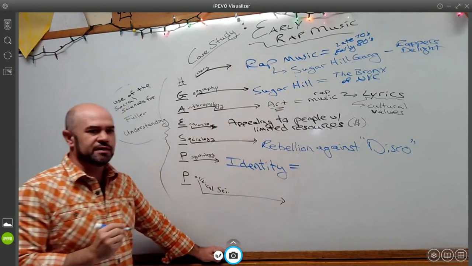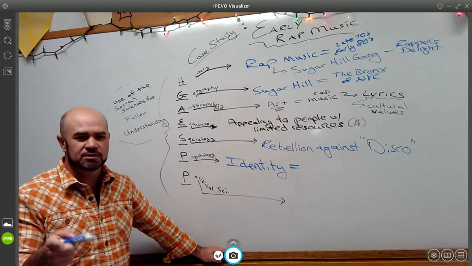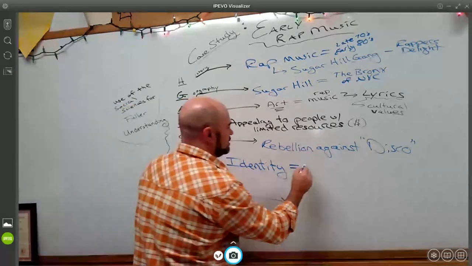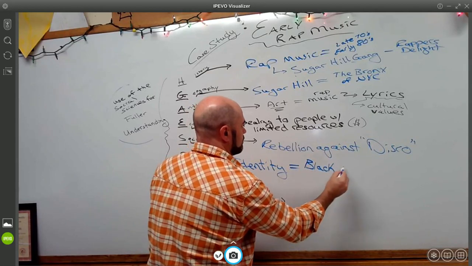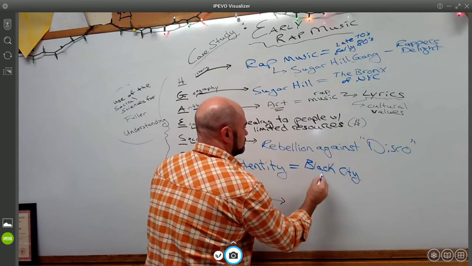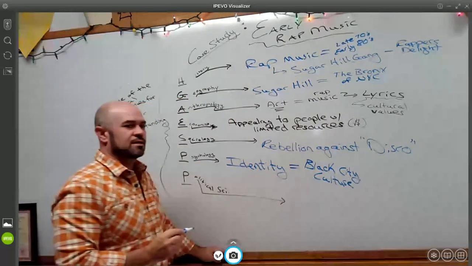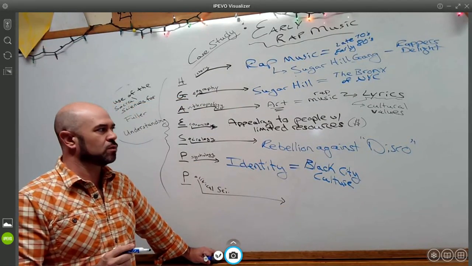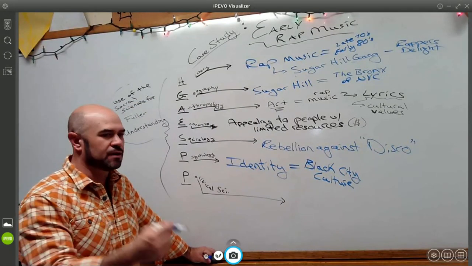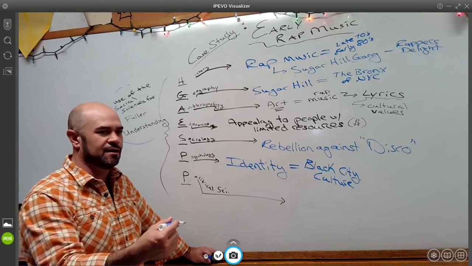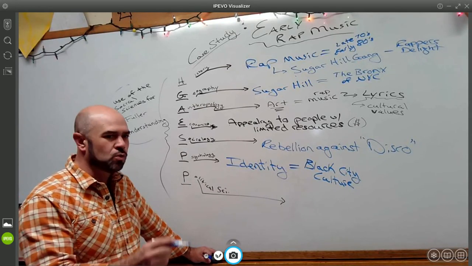And what really develops out of this rap music and this rebellion against rich people's disco is you start to see a black culture developing. Rap music gave the poor inner city black community an identity that they could wrap their head around, an identity that they could attach themselves to, and it was a cool identity.